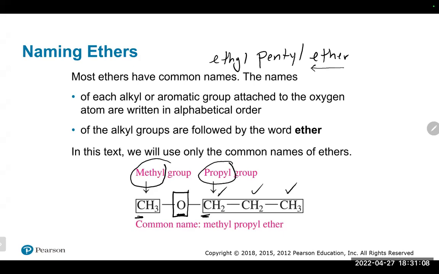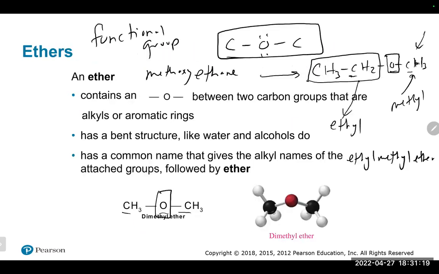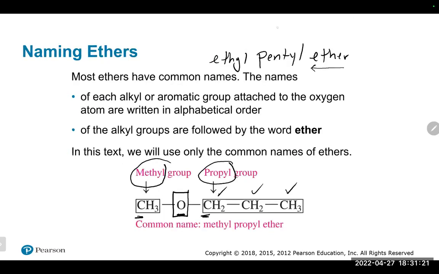I would recommend, instead of doing the carbon skeleton, starting with just the ether group. So I would go with the carbon, oxygen, carbon as my starting piece here, since I know I have to have that. And since this is the common name, I know to the right and left of my oxygen I should have those groups. So that takes care of the ether part.